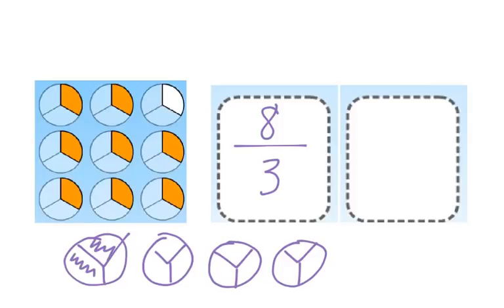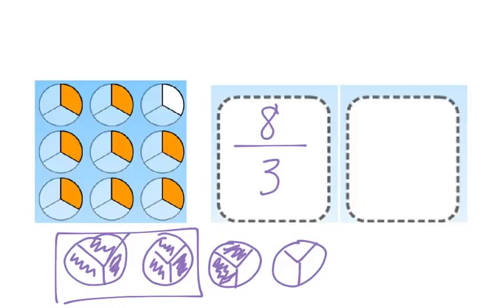Okay, 1 third, 2 thirds, 3 thirds, 4 thirds, 5 thirds, 6 thirds, 7 thirds, and then 8 thirds. So look, I was able to fill 2 circles all the way in. Therefore, I have 2 wholes and 2 thirds.